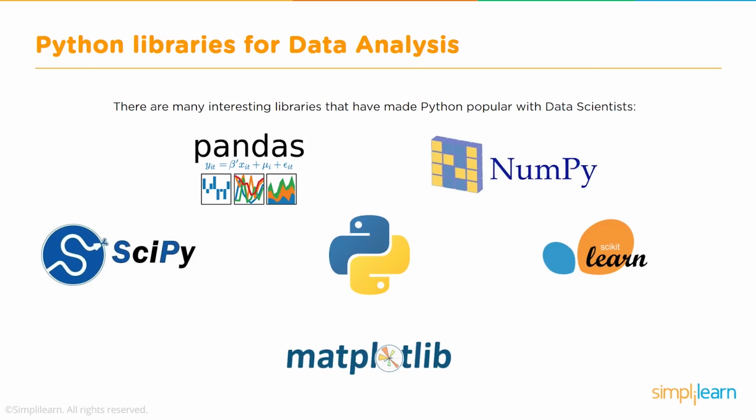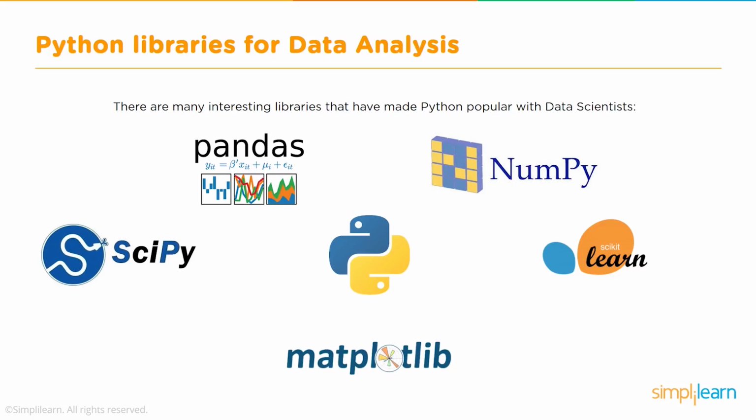Then you have Matplotlib, which is primarily for visualization purposes. It has very powerful features for visualizing your data, for doing the initial exploratory data analysis, for univariate analysis and bivariate analysis. So this is extremely useful for visualizing the data.